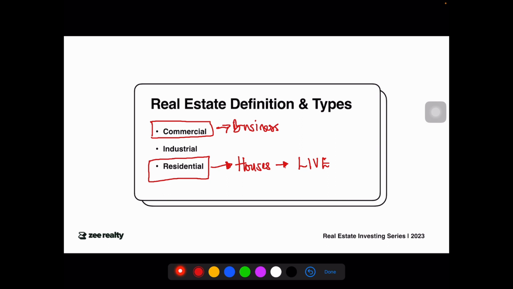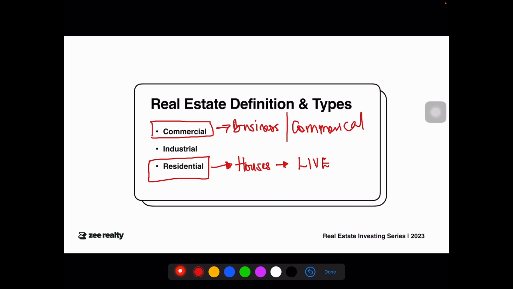People are not living in those places, they are used for businesses. They are called what? Commercial real estate. So when something is used for a business, it's called commercial real estate.